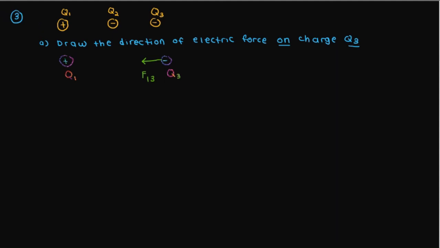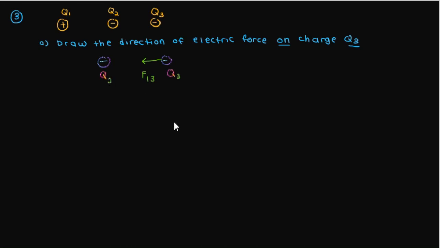Okay, now we want to draw the direction of electric force of charge Q2 on Q3. So we rub out the Q1 first, and then we draw the Q2. The Q2 is negative charge, so negative will produce repulsive force. Our focus is on charge Q3. So repulsive force means that it will move away from each other. On charge Q3, move away from charge Q2.